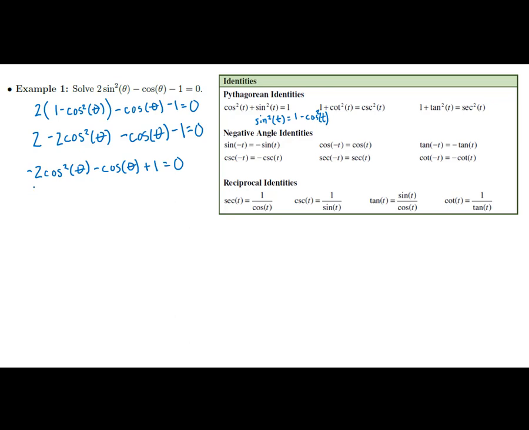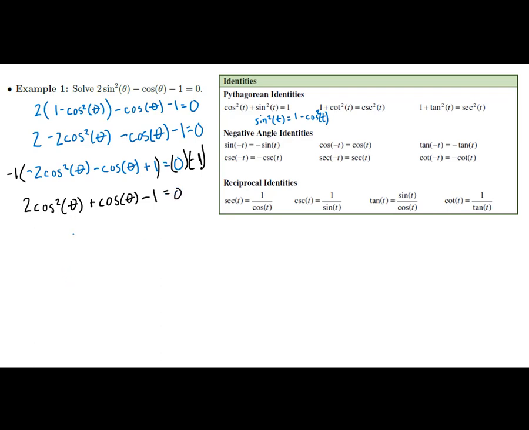Now, I always tend to like my leading coefficient on the square term to be positive. So I'm inclined to multiply both sides by negative 1, which of course doesn't do anything to 0. That allows me to have that first one positive: 2 cosine squared theta plus the cosine of theta minus 1, distributing that negative all the way through, equals 0.